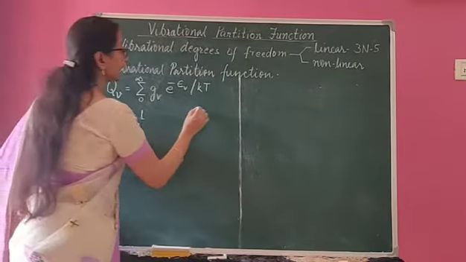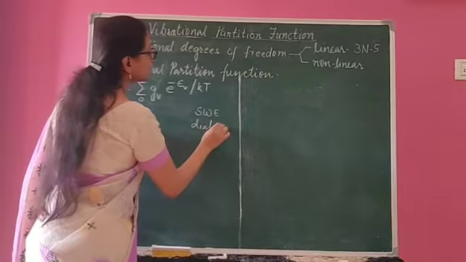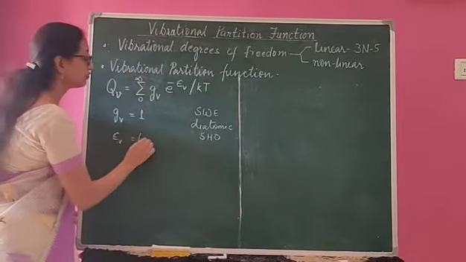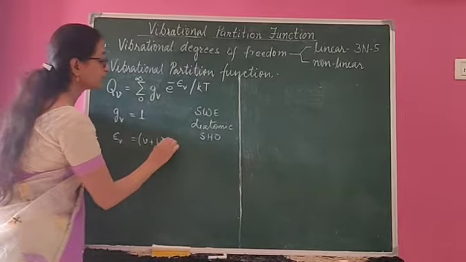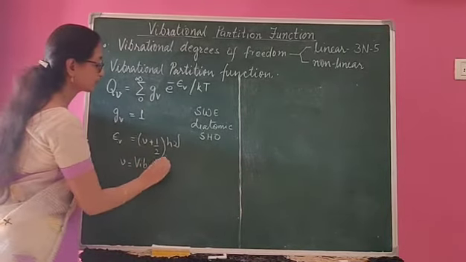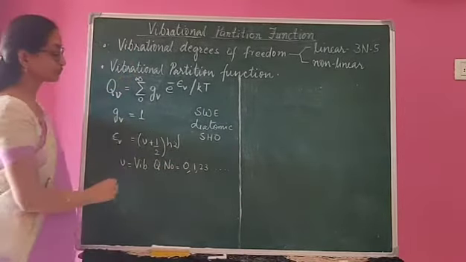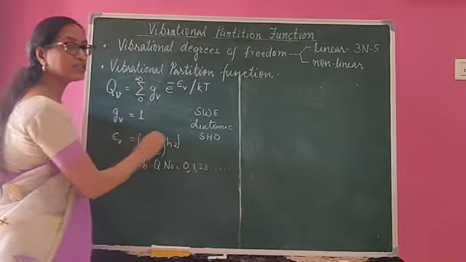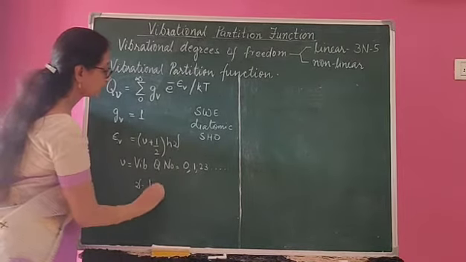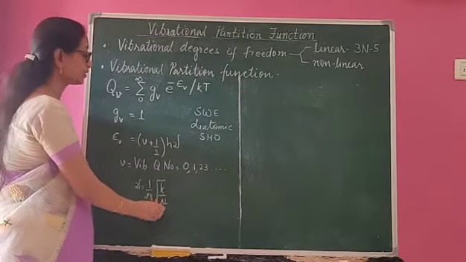Vibrational energy, as we have seen in quantum mechanics on solving the Schrödinger wave equation for diatomic molecules considered as a simple harmonic oscillator, we get (V plus half) h nu, where V is the vibrational quantum number and has values 0, 1, 2, 3, etc. Here h is Planck's constant, nu is the vibrational frequency, which is given by 1 by 2 pi root k upon mu, where k is the force constant and mu is the reduced mass.